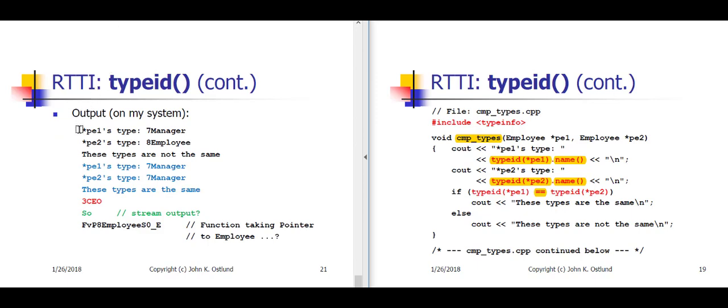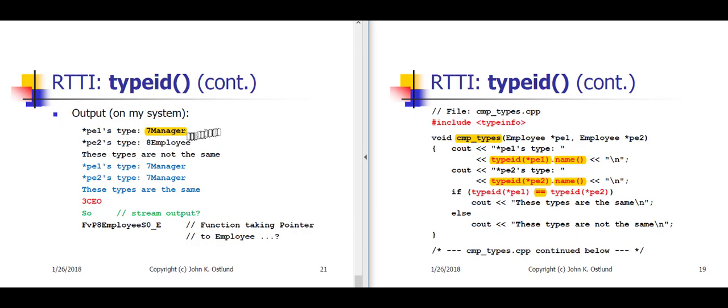Okay, so PE1 is pointing at a manager, and my compiler's description of the manager data type is the numeral 7 and then manager. That numeral is simply the number of characters in the class name. So 7manager means that there are 7 characters, and those characters are manager.